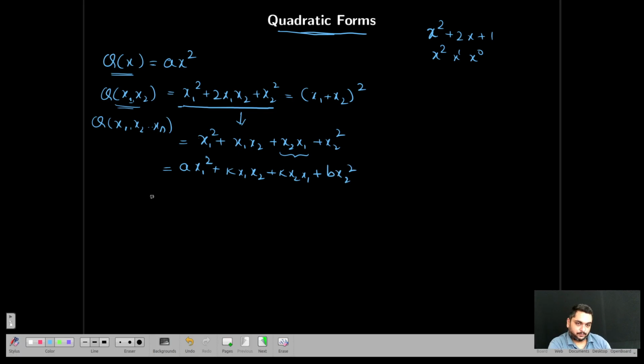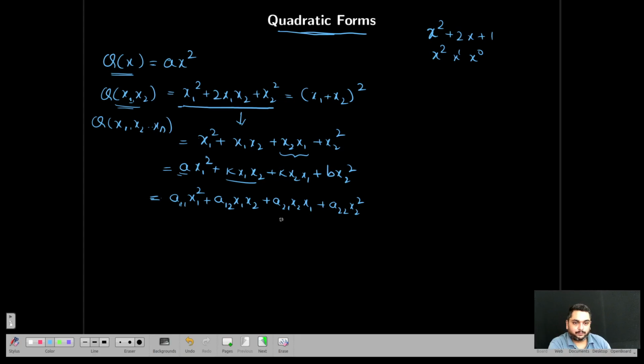Now I'll make it more general so that you can understand the mapping to a matrix. Let me write this as a11 x1 square, the coefficient, then a12 x1 x2 plus a21 x2 x1 plus a22 x2 square. See, let us make these numbers the same, 1 1 x1 x2.